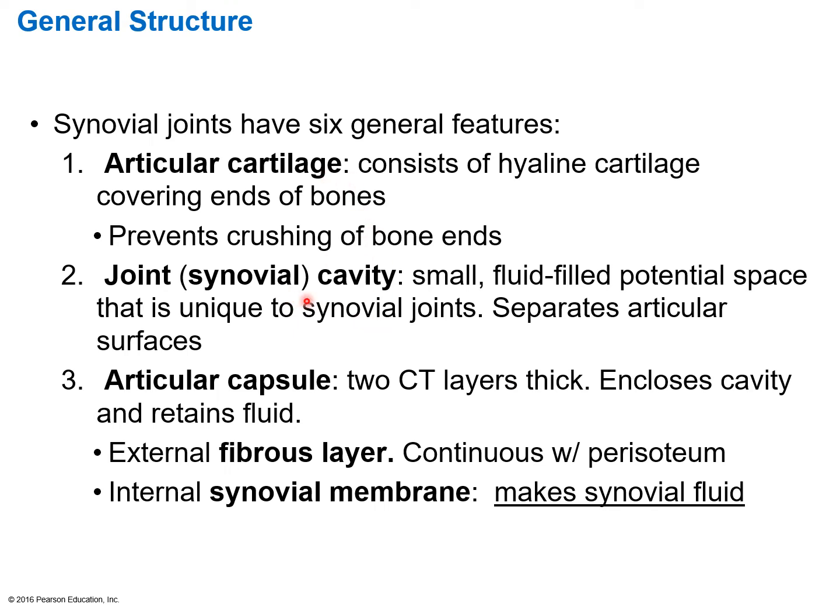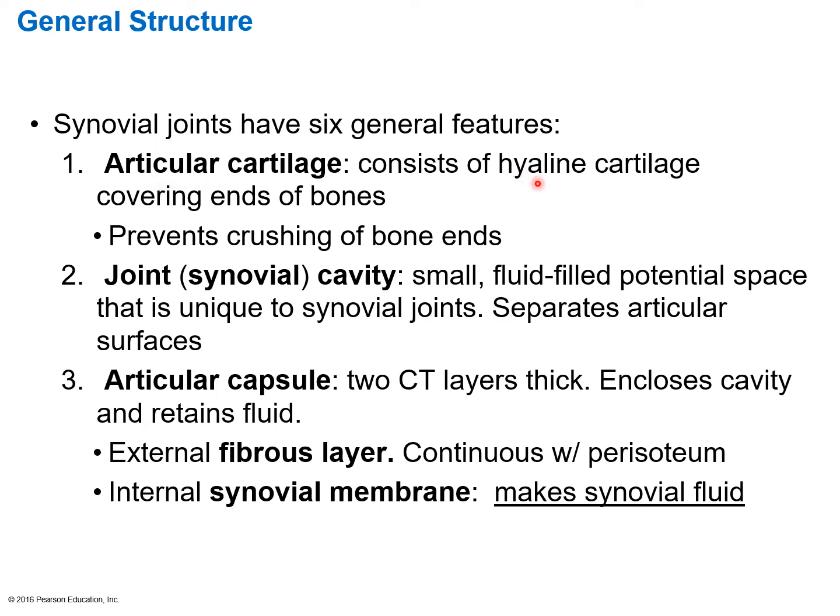All right, so in words first, I will explain to you the main structures that you find in a synovial joint. First, you're going to find articular cartilage. Articular cartilage is synonymous with the term hyaline cartilage. This is just saying this is the cartilage that is found in joints, in articulations.